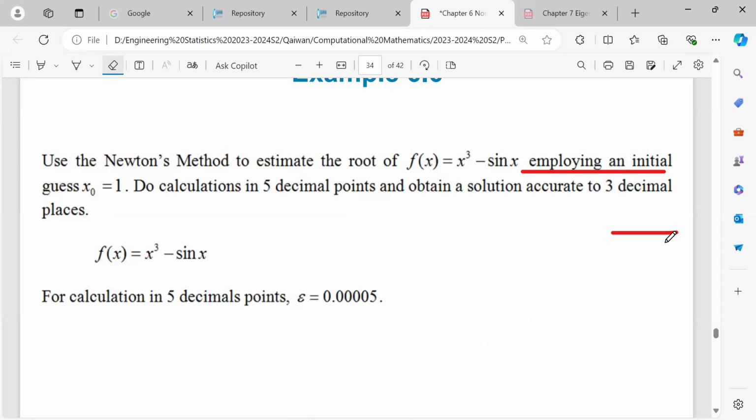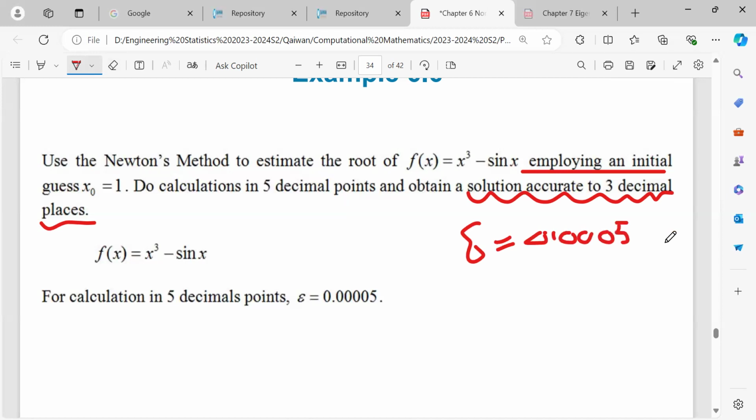And it says a solution to 3 decimal places. Okay, accurate to 3 decimal places. So the error is 0.005.